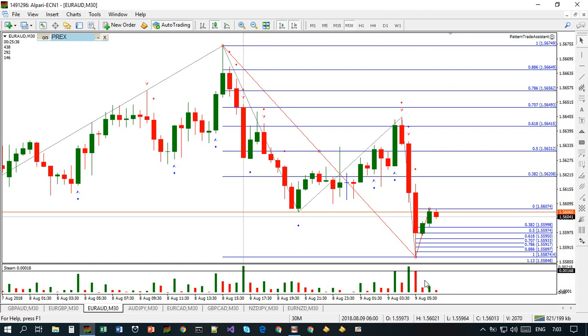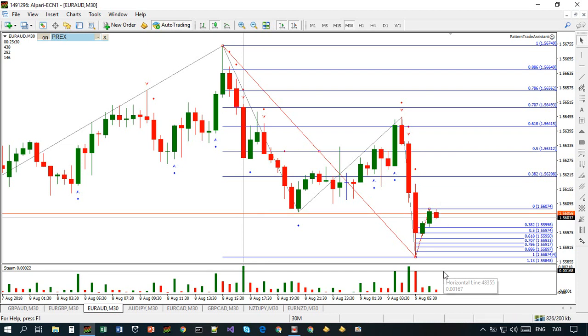What I'd like to see is the volatility increase to the upside. While we are moving to the upside, the volatility is increasing to the upside. Or we simply move sideways like this with decreasing volatility, and then we expand to the upside in this manner.